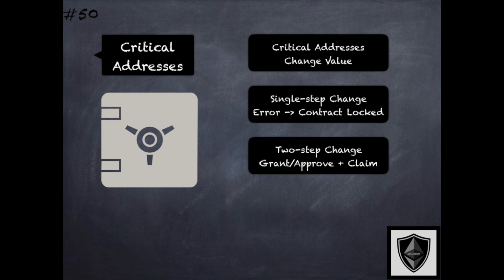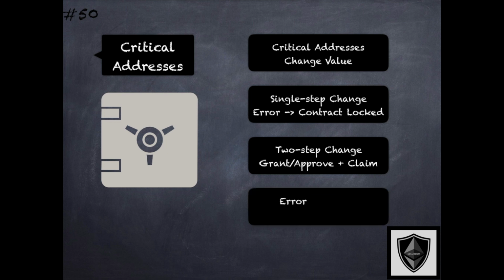So this two-step change allows any errors that happen in the first step, where we grant or approve it to an incorrect address for which we do not have the key. It allows us to recover from this mistake, because the second transaction, which claims itself as a new address, can never be done if an incorrect address was used in the first step.